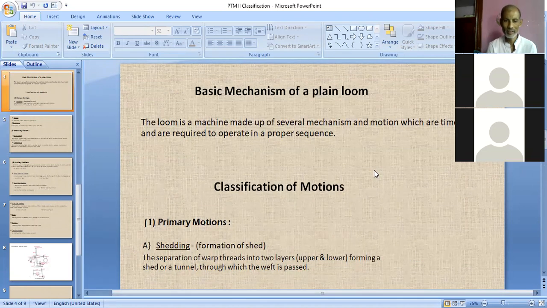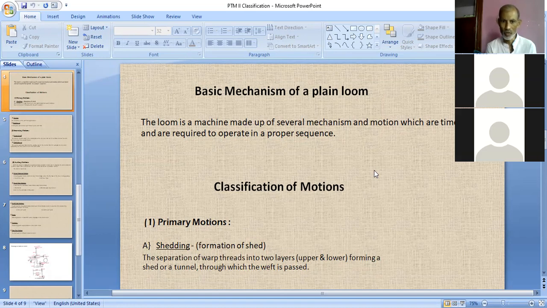And they are defined here. Shedding means formation of the shed. As I explained earlier, the warp threads are divided into 2 layers, a top layer and a bottom layer, with the help of heald frames or some other shedding mechanism, and then it forms the shed. This formation of shed is known as shedding.